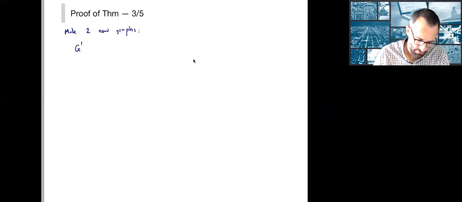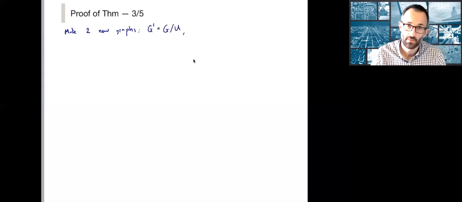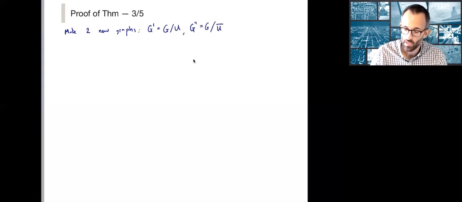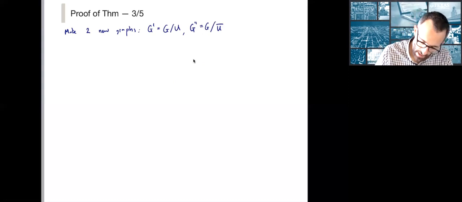G prime, or G dash, is G with U contracted, and G double dash is G with the complement. I'm going to use bar to denote the complement of U contracted.